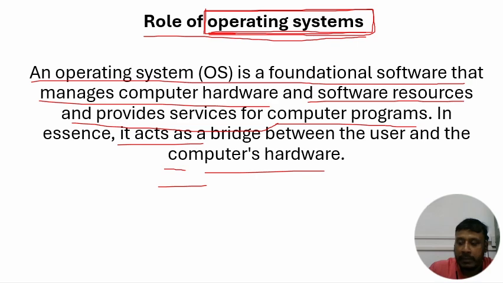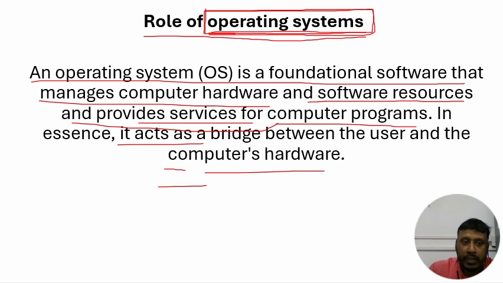Second, memory management allocates and deallocates memory space as needed by the different programs. Another function of memory management is handling virtual memory to run large programs on limited physical memory.